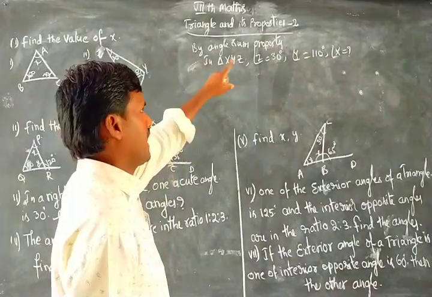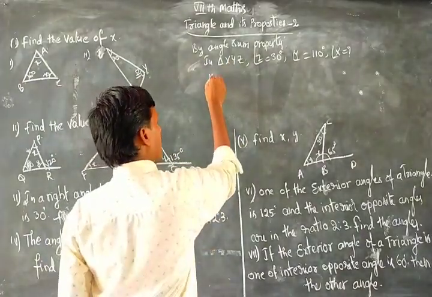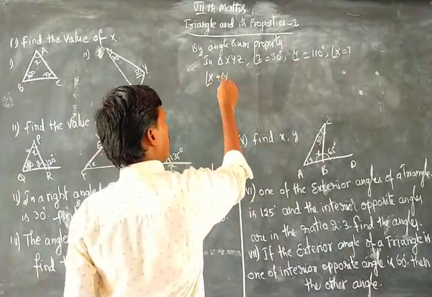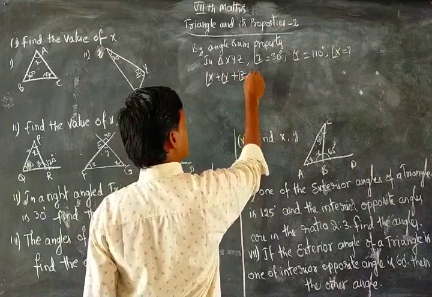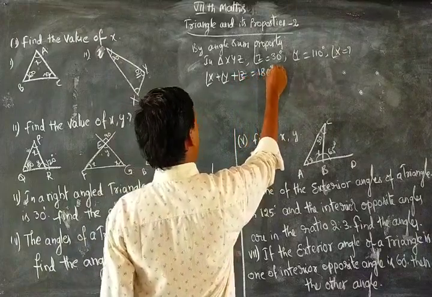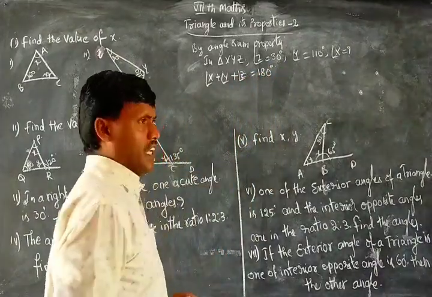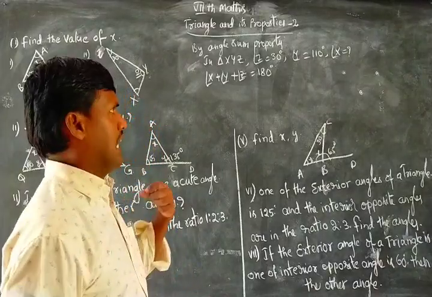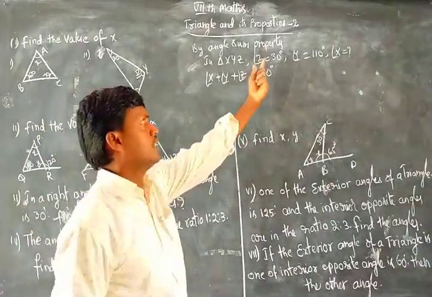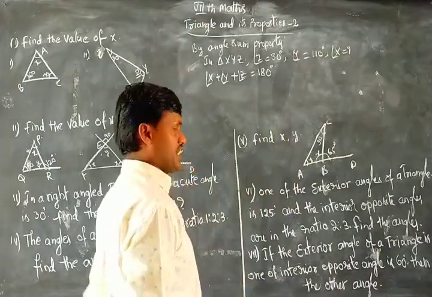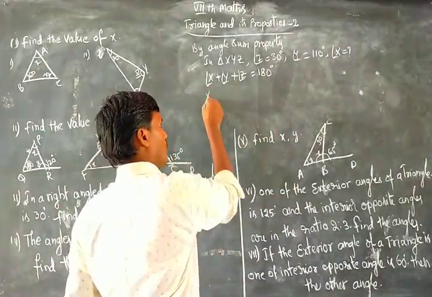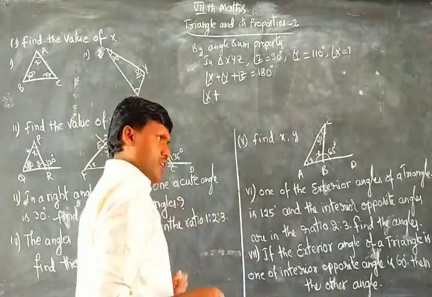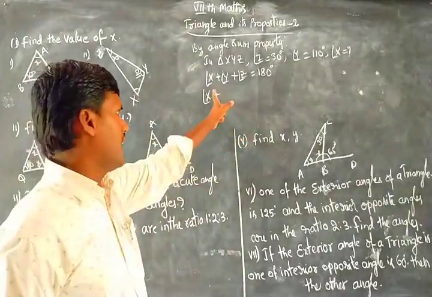When we substitute in the angle sum property, we can write angle x plus angle y plus angle z is equal to 180 degrees. So instead of z and y, we can substitute 30 and 110 degrees. We don't have x, because we have to find angle x value.